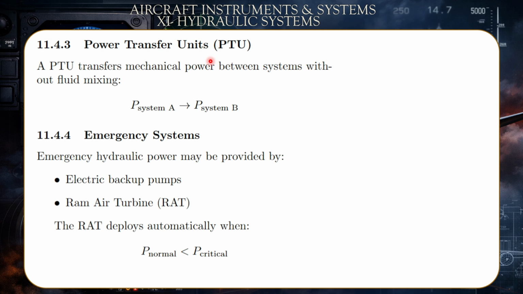PTU, or power transfer units. A PTU transfers mechanical power between systems without fluid mixing. So that would be the pressure in system A, or the power in system A, which can also translate as pressure, would translate into the power in system B. And how can this take place without fluid mixing? Let me visualize it as an example.